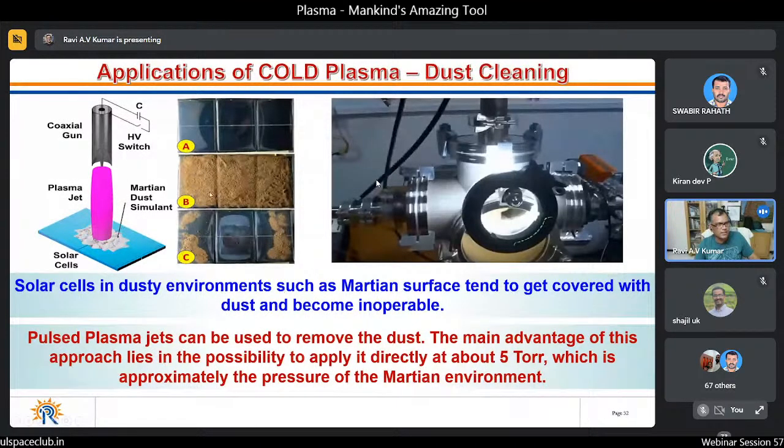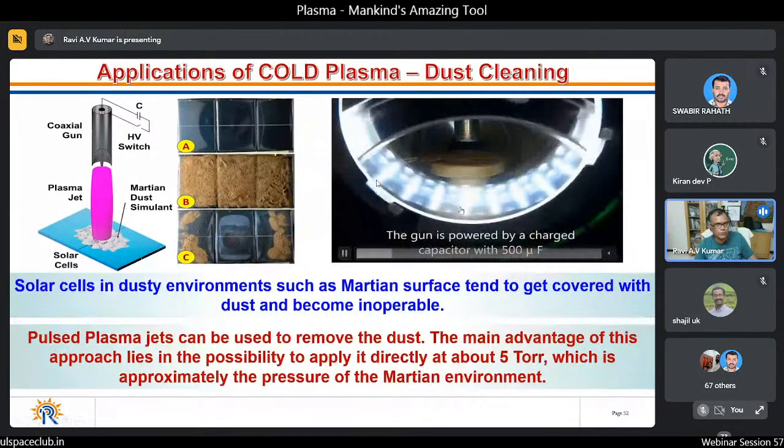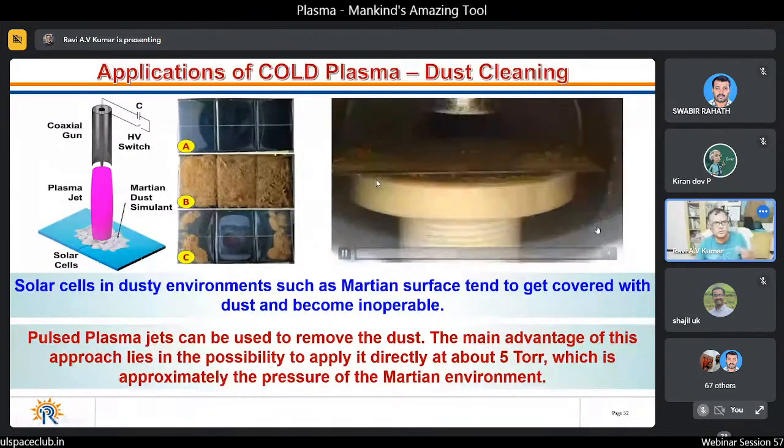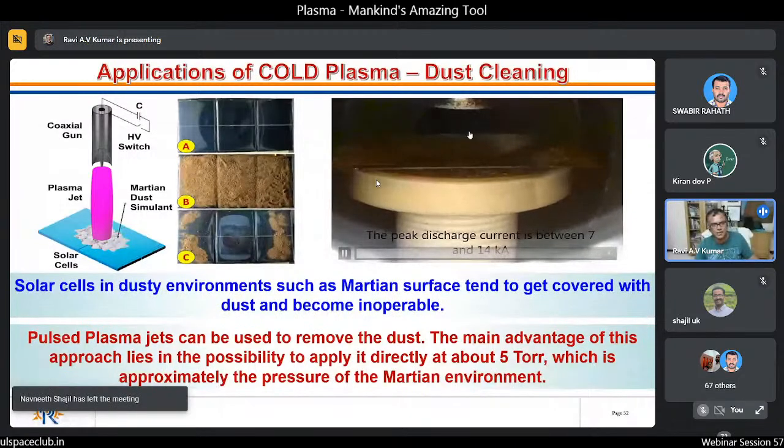So this is a simple experiment that a university did. So these are solar cells. This is what they used to imitate Martian soil. So when you apply the plasma, watch this. This is the dust. When he applies the plasma on it, the dust has completely vanished. In 3 shots, the dust has completely gone.